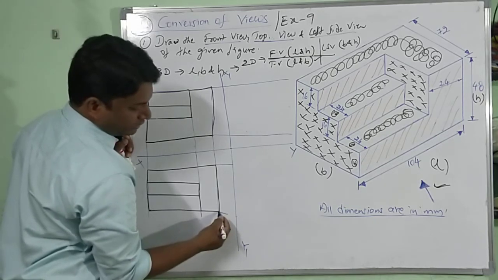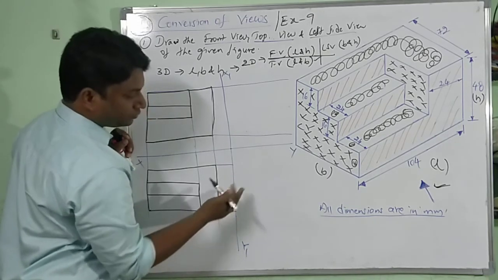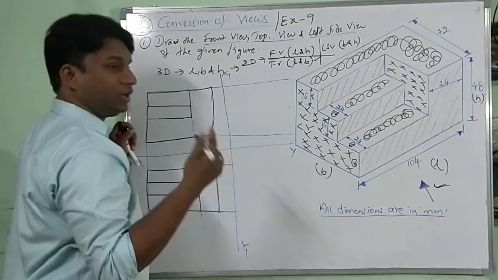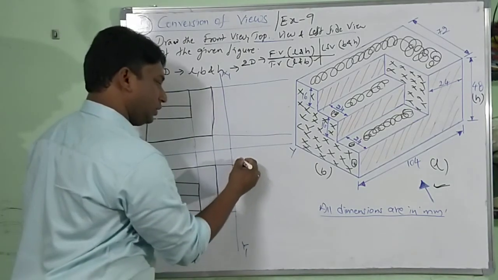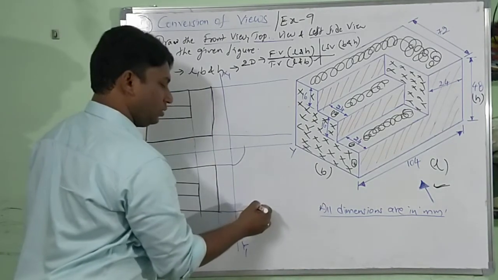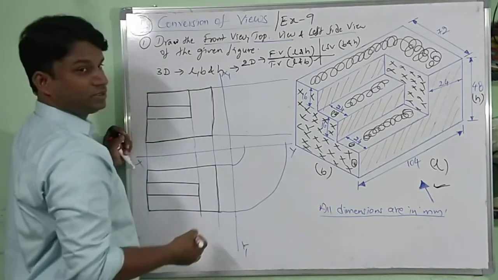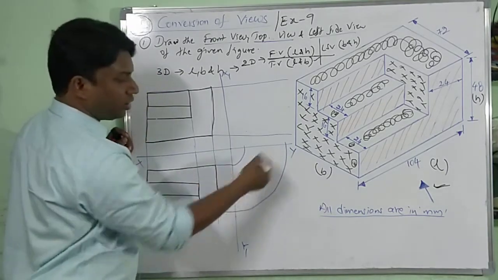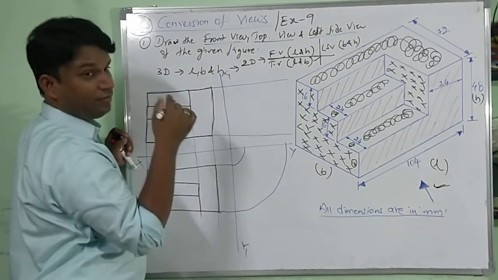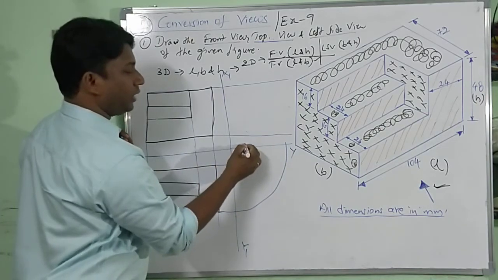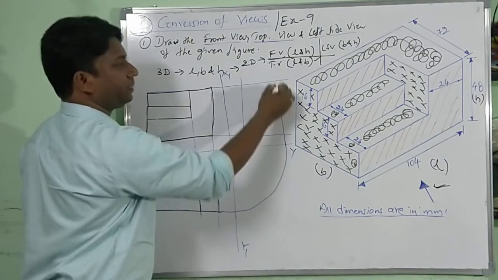Draw projector lines. These are to be tilted. Try to use a compass and draw curves like this to match the breadth. Or you can draw 45 degree lines with the help of a protractor. Anything will do. Now try to take them into height.